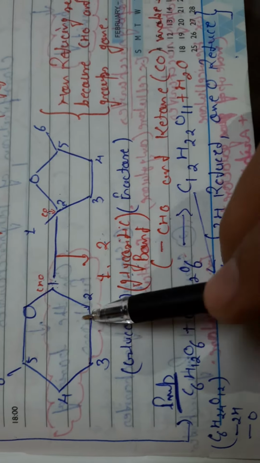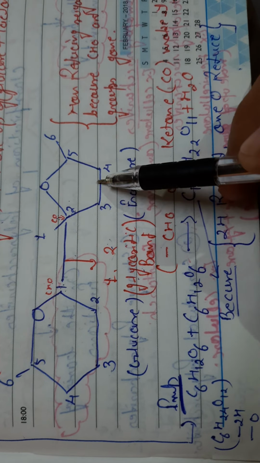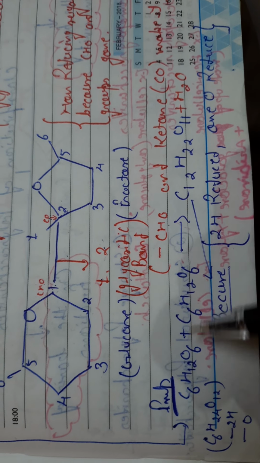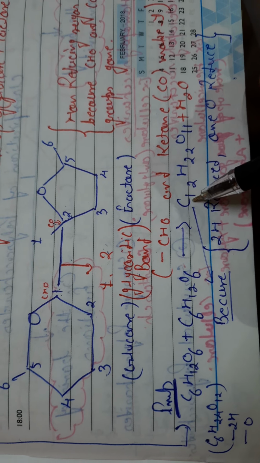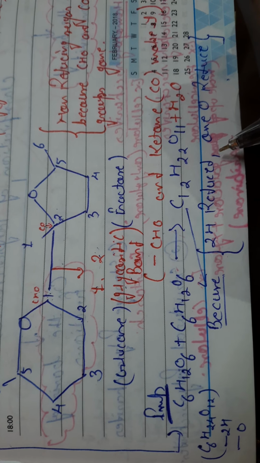At last, when these two sugars combine together, this is the molecular formula of glucose and this is the molecular formula of fructose. Both molecular formulas are the same. Whenever they combine together, they make C12H22O11. Clear? This is the disaccharide known as sugar.